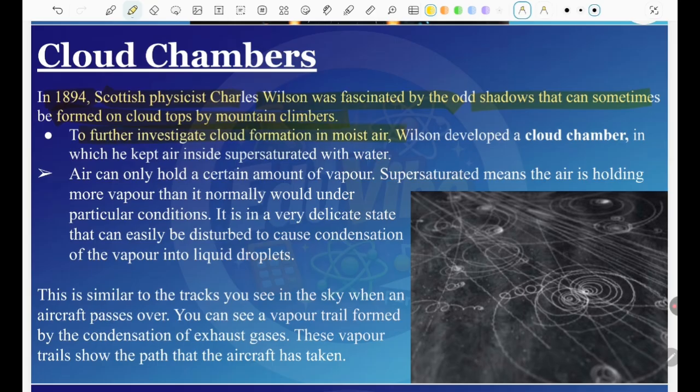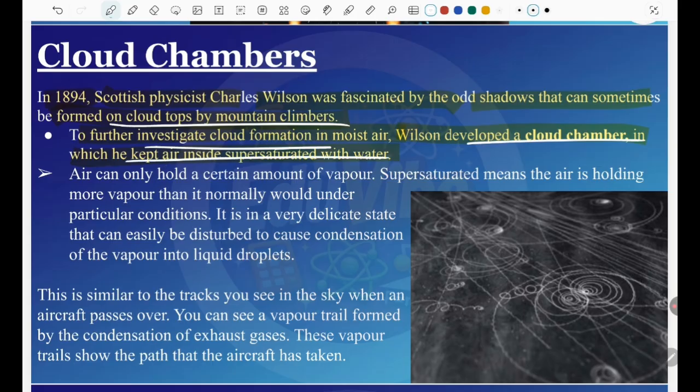To further investigate cloud formation in moist air, Wilson developed a cloud chamber in which he kept the air inside supersaturated with water.